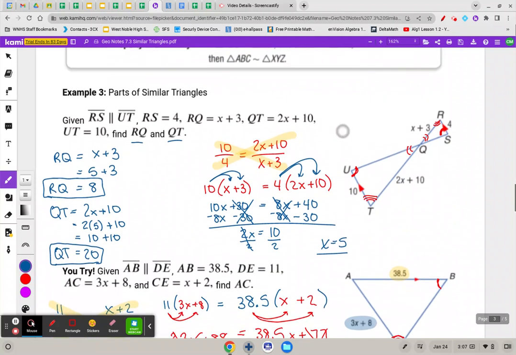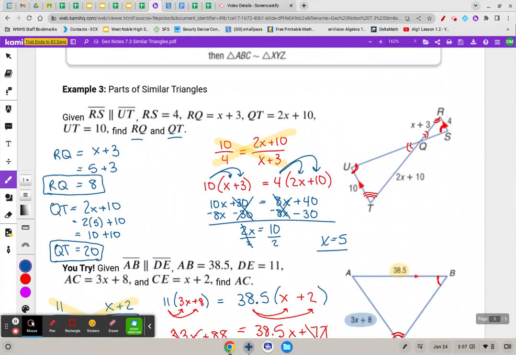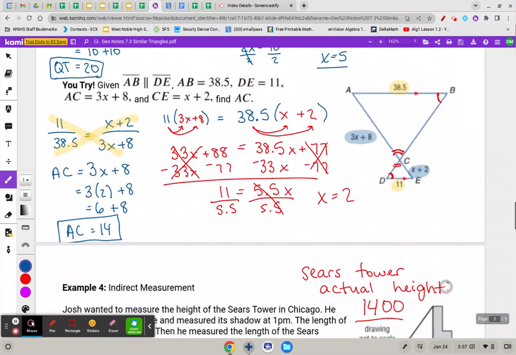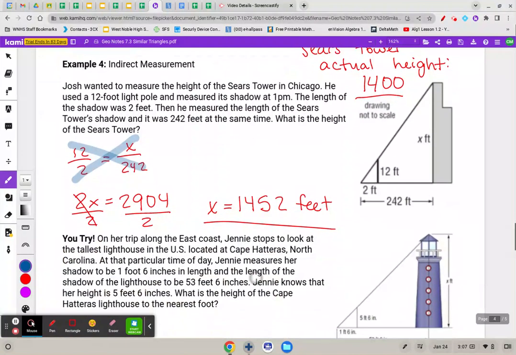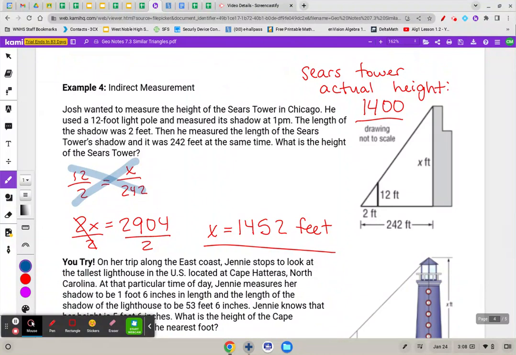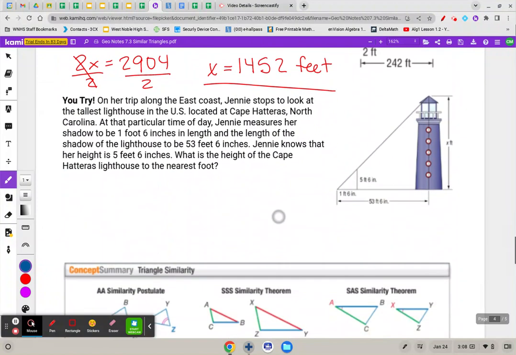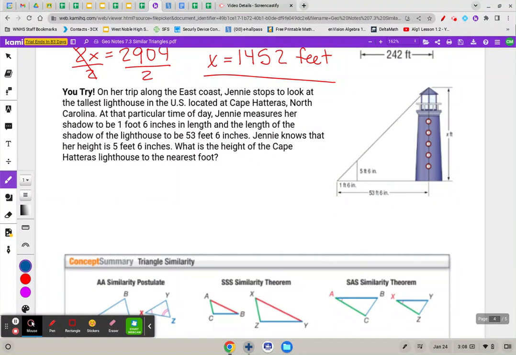Now, the solving with algebra, we can't really match up smallest, biggest, medium, so we match up based on the congruent angles and things that we know based on a similarity statement. And then we saw one example of indirect measurement, a story type problem, and now we are going to look at the second example. I would encourage you to pause the video and try this before I go through it.